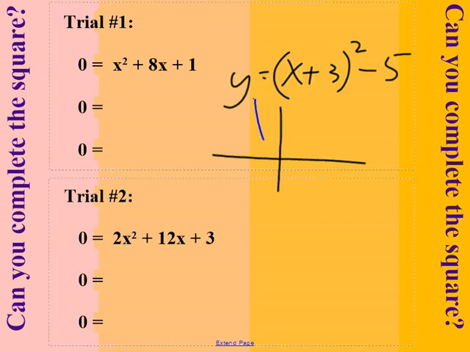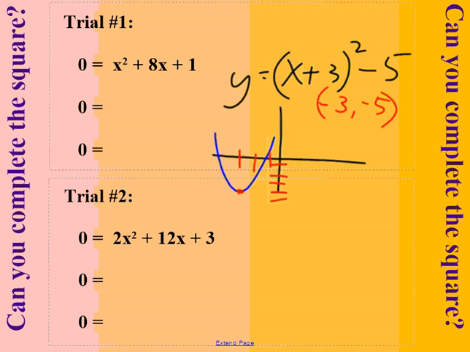Here's my parabola. It's been moved 3 to the left, down 5. That's called vertex form, and it happens to have the vertex buried in it. Right here, it's 3 to the left, down 5. Negative 3, comma, negative 5 is the vertex.